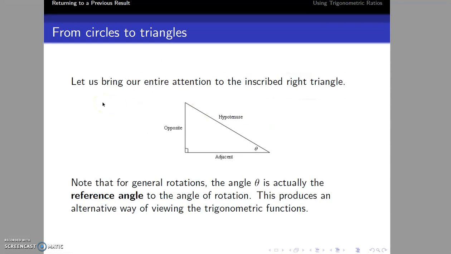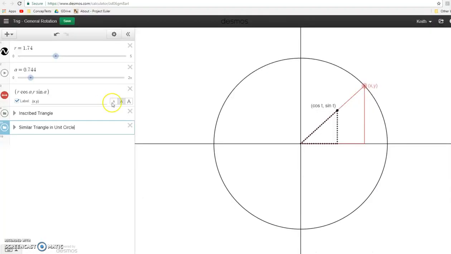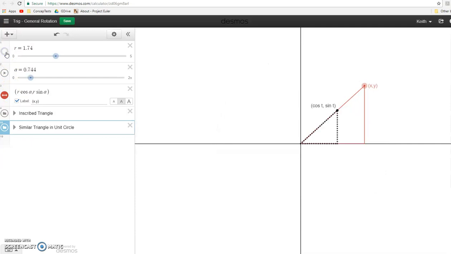But what I want us to do in this unit, the way I want us to start this unit off, is instead of worrying about the circle, let's not even look at the circle at all. Let's look just at the corresponding triangle that is produced as we move around.